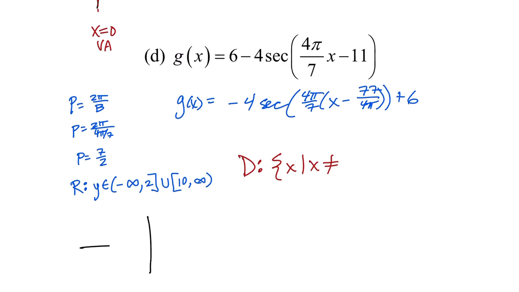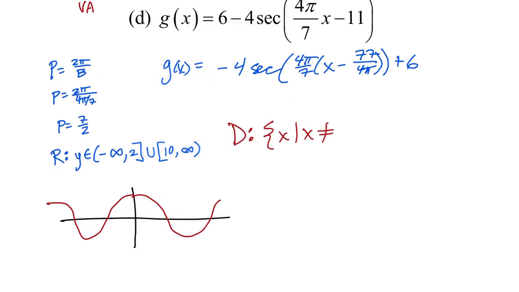Come down here. The graph of secant comes from the graph of cosine. Cosine looks like that. The vertical asymptote for secant comes from the axis point for cosine. There is your first positive axis point for cosine. There's a VA at what?